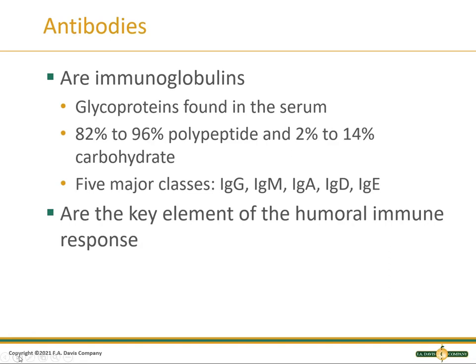They are all part of the humoral immune response, which refers to antibody production. So we're dealing with B cells here. Cell-mediated is more of a T cell thing, so we're going to focus on the B cell side.